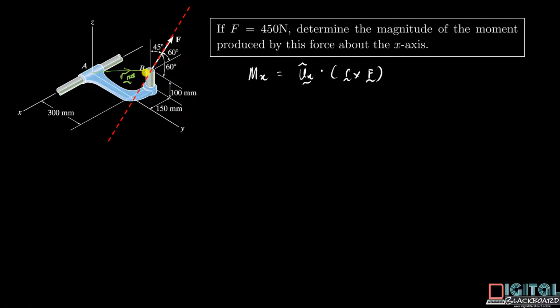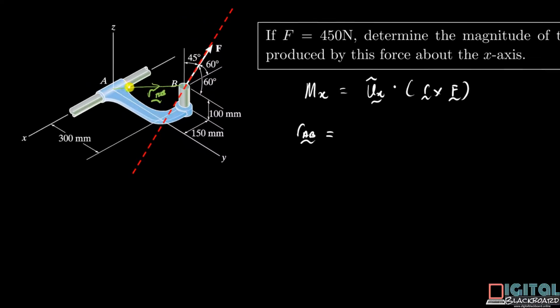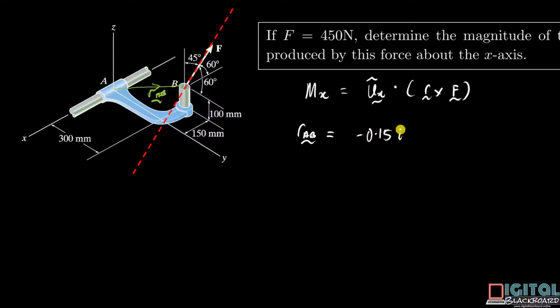So the first step is to compute the r vector, RAB. Now look carefully at this vector RAB. It is moving in the negative x direction by 0.15 meters, so I write minus 0.15 i.